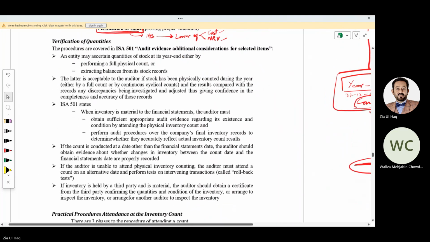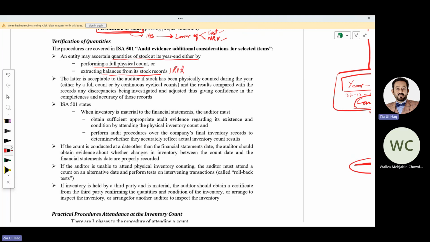Okay. The entity may ascertain quantities of stock at year end either by performing a full physical count, meaning they perform the count, value the inventory counted and state the balance in the balance sheet, or by extracting the balance from the stock record, meaning PIR. Simply they check the balance in PIR and state it in the balance sheet.